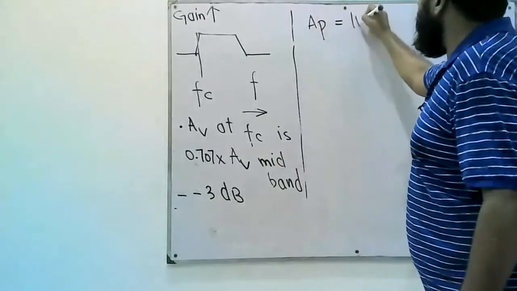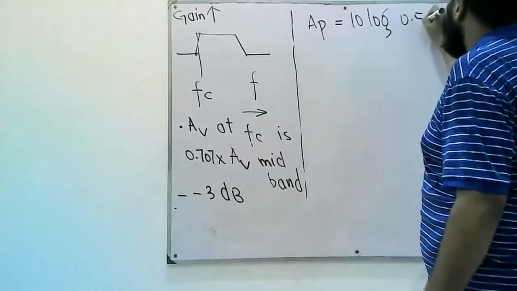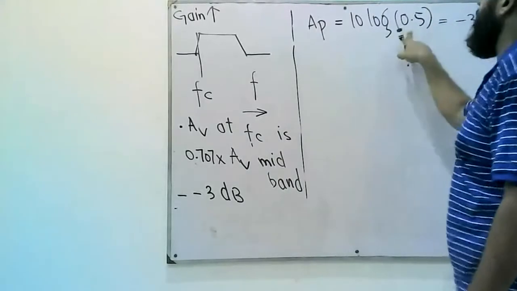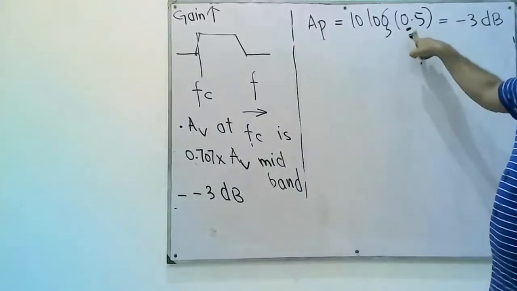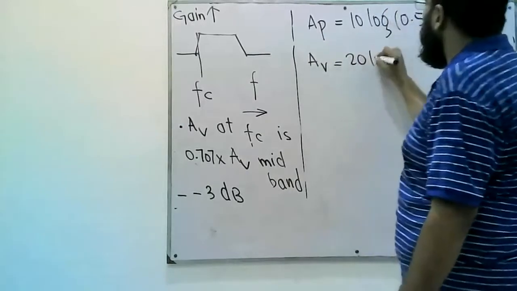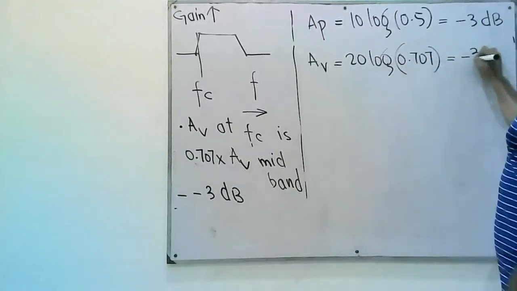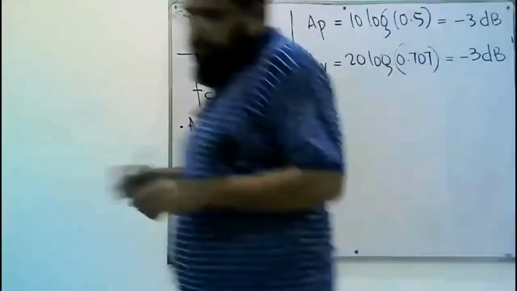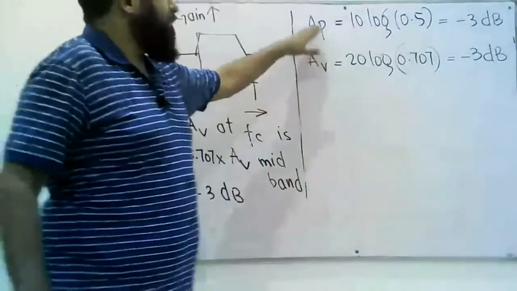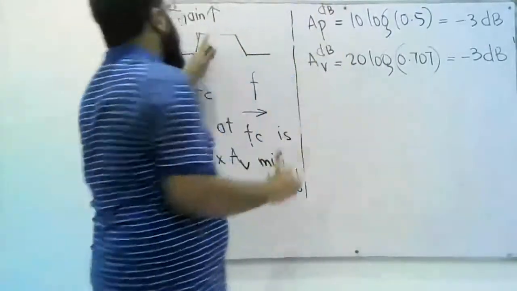AP is 10 times logarithm, and if it is reduced to 0.5, this results in a value minus 3 dB, because any gain that is less than 1 will produce a negative value, and AV is 20 log of 0.707. It also produces minus 3 dB. This means this gain is 3 dB lesser than the gain that we have in mid band.